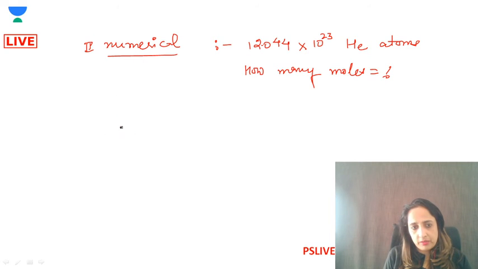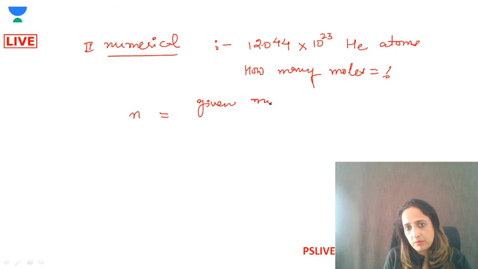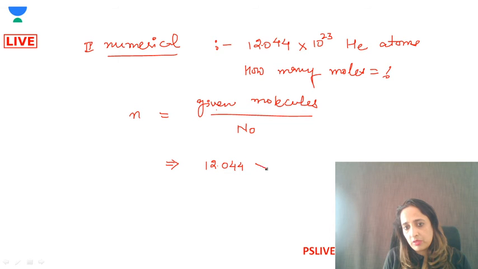We know that the number of moles is the given molecules or atoms divided by Avogadro number, which is N0. So here we have 12.044 into 10 to the power 23.